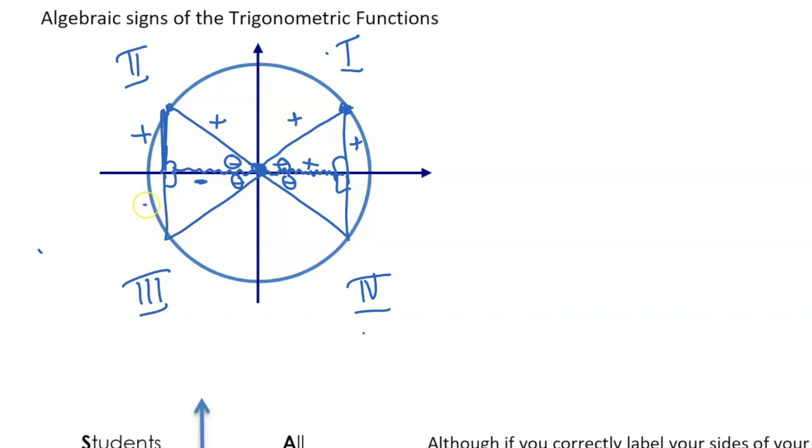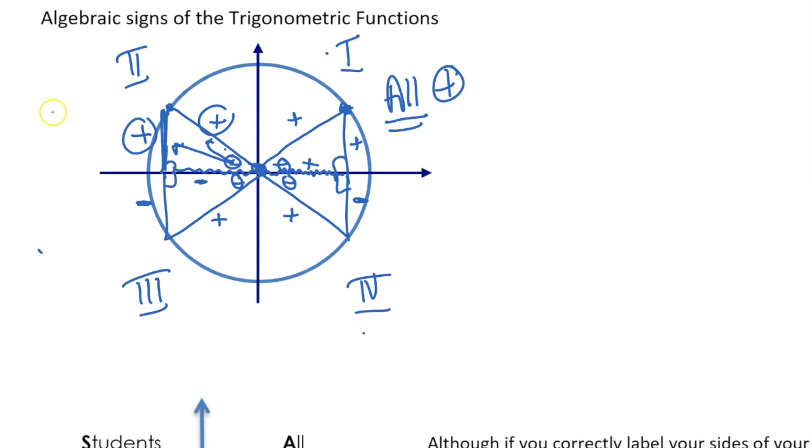In quadrant 3, this is going to be a negative, it's positive, and right here, that's a negative, and that's positive. Okay, so what you want to do here is in quadrant 1, you can see that all sides are positive. So we're going to say they're all positive. But in quadrant 2, that's not the case. If you take your reference angle and you perform the sine operation, sine being opposite over hypotenuse, you would get a positive divided by a positive, which would result in a positive.